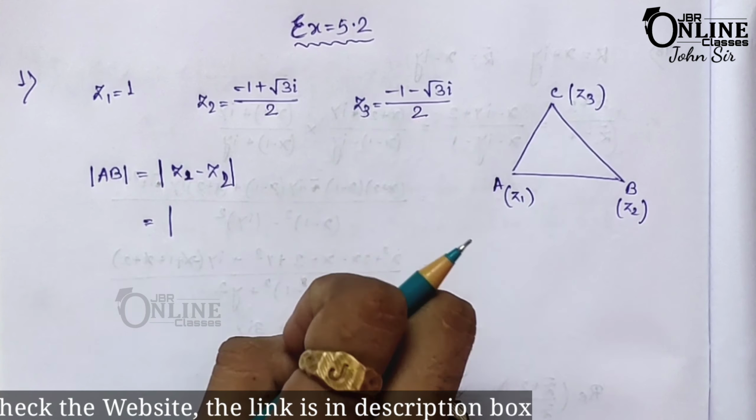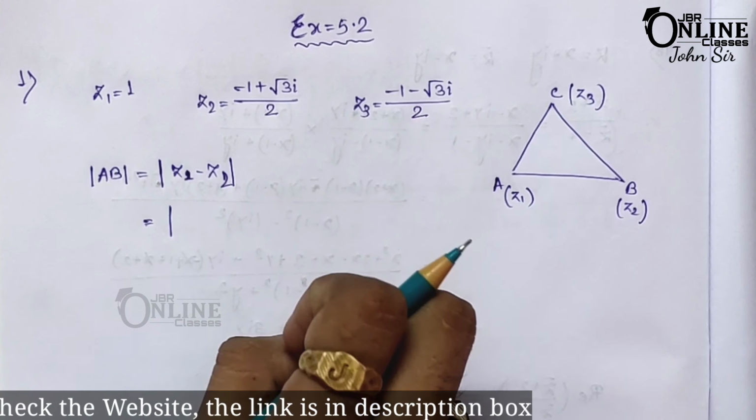So the upper one will be 3 minus root 3i by 2 within mod. So write down here half, and this will be the mod of the upper one.